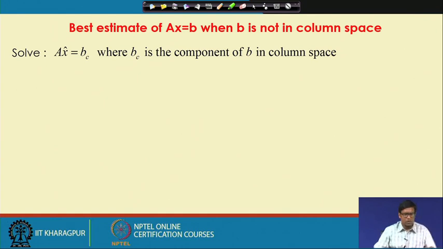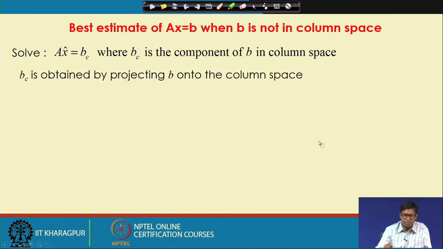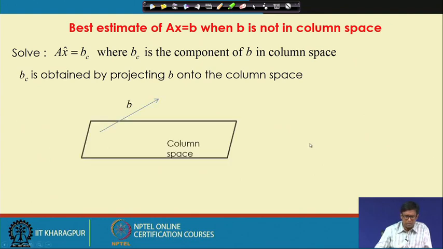We will try to solve A x tilde is equal to b c, where b c is the component of b in the column space, or b c is the projection of b in the column space. b c is obtained by projecting b onto the column space. So, we have a vector b, we project it onto the column space and we get A x tilde is equal to b c.